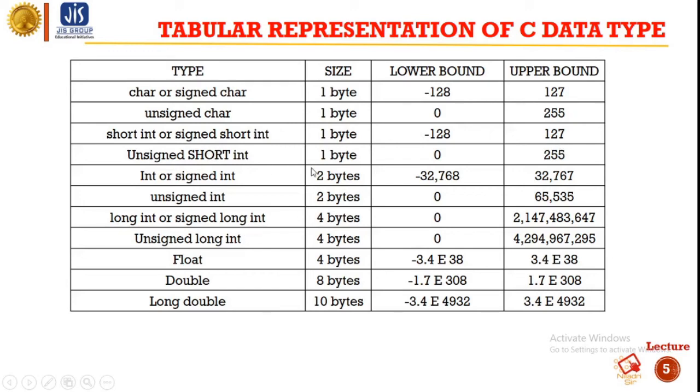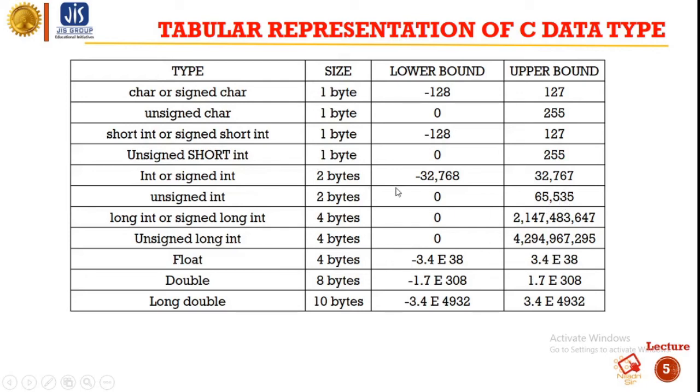Unsigned short takes one byte, from 0 to 255. Int or signed int takes 2 bytes, from minus 32,768 to 32,767. Unsigned int also takes 2 bytes, from 0 to 65,535.